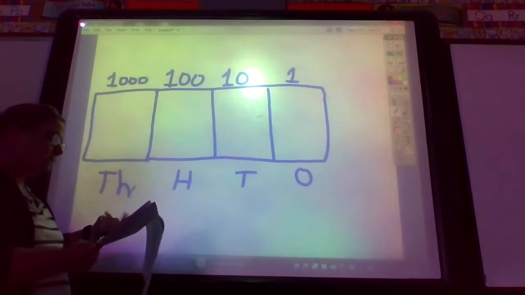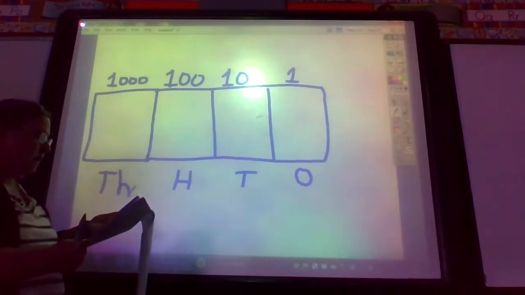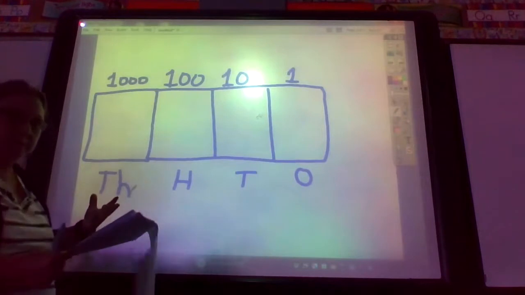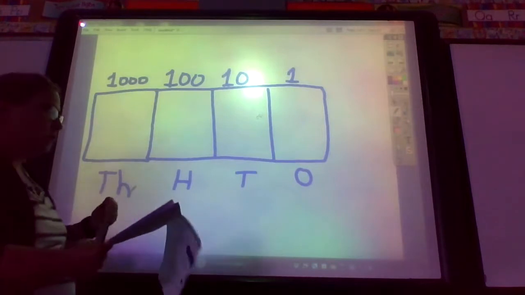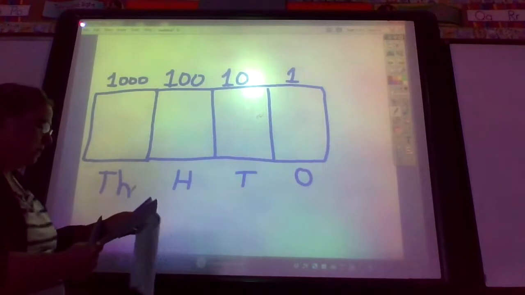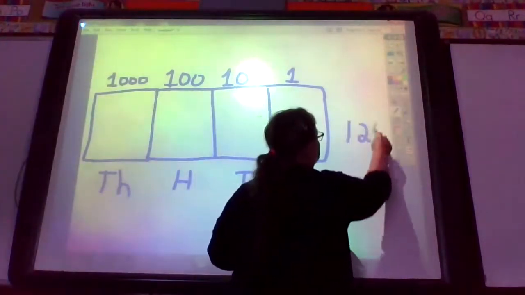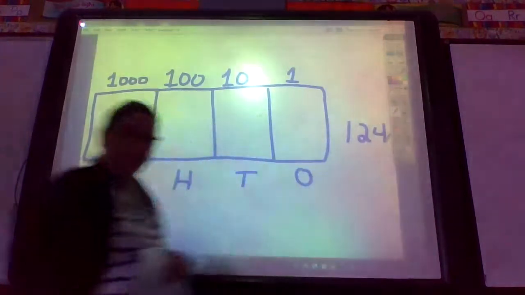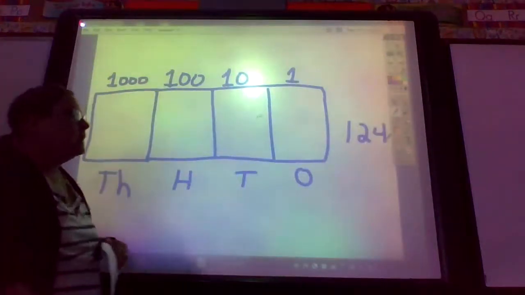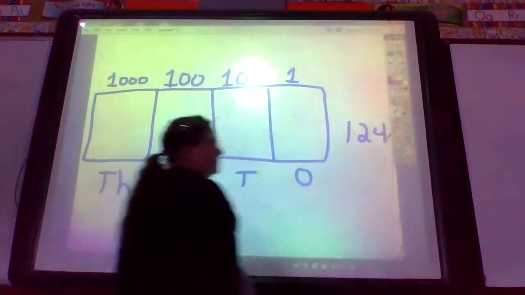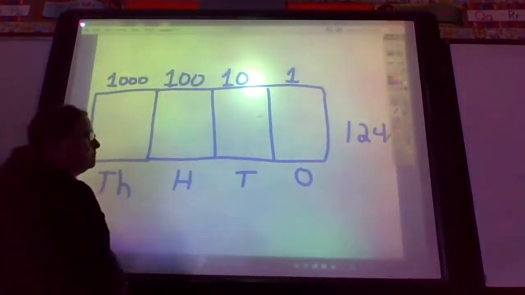So let's say that I want to put in my quick draws to show a number. Let's say I have the number 124. How many ones do I have?